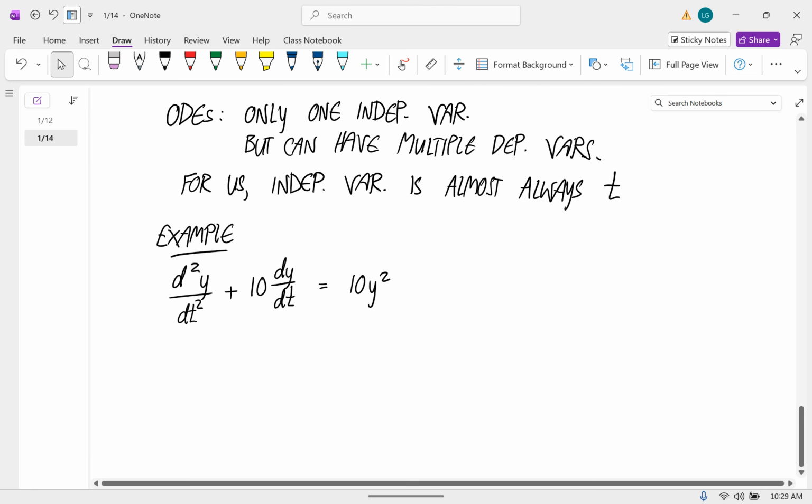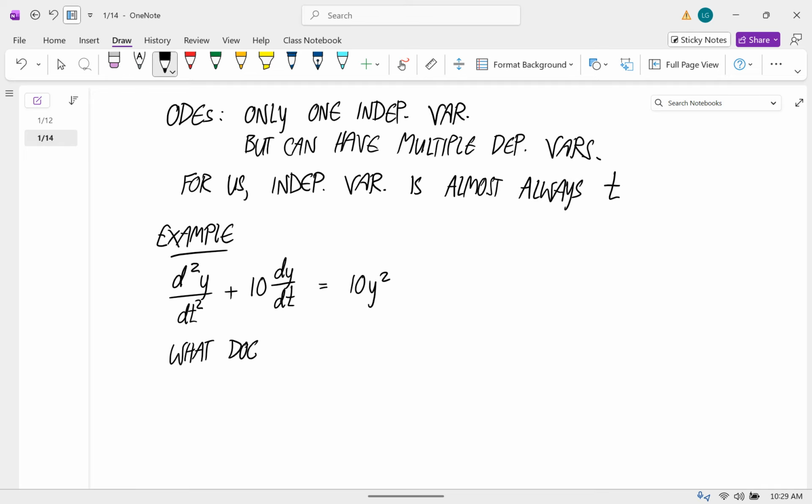Okay. What does it mean to solve this ordinary differential equation? Find y as a function of t.